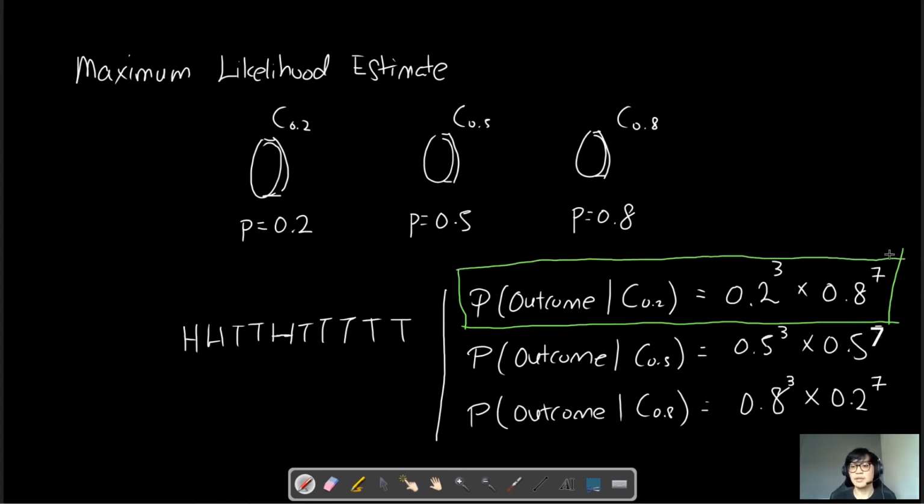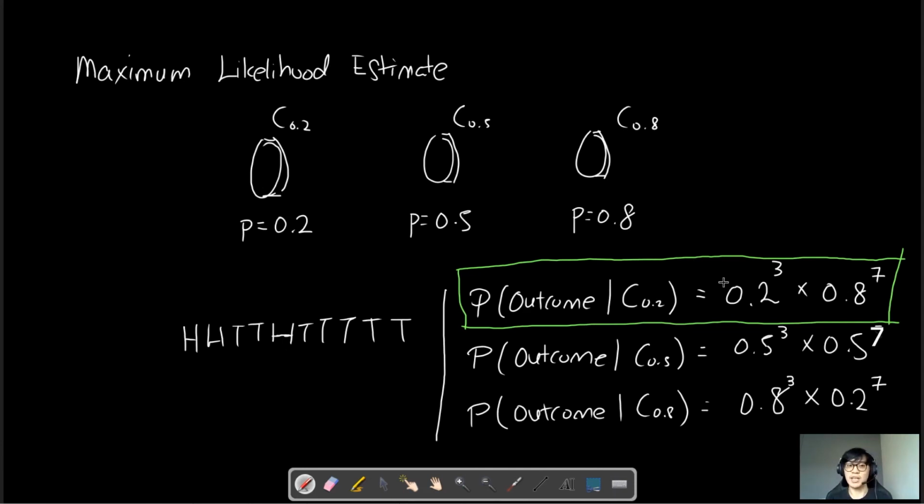Okay? So some terminology right here that you should know. This particular probability here is called a likelihood. What is the likelihood that you see this outcome given your assumption? So if you assume something, what is the likelihood of the outcome? And in this case, the likelihood of this outcome is the highest if you assume that the coin is the C0.2.